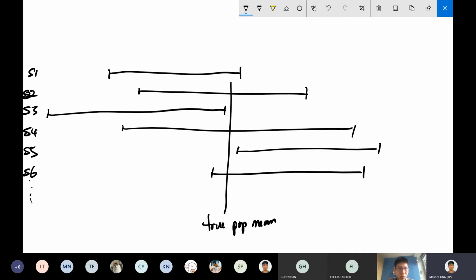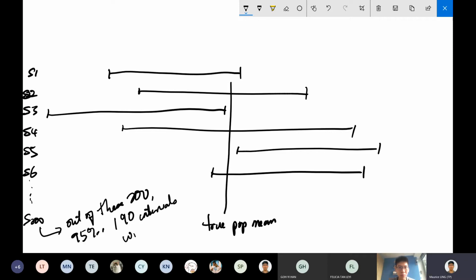But you are quite sure that if you take maybe 200 samples and construct a confidence interval for each one, out of these 200, 95%, that means 190 intervals, will contain the true population mean.